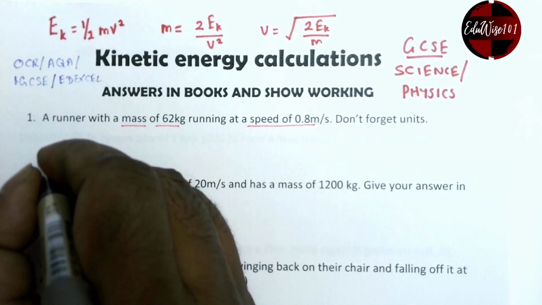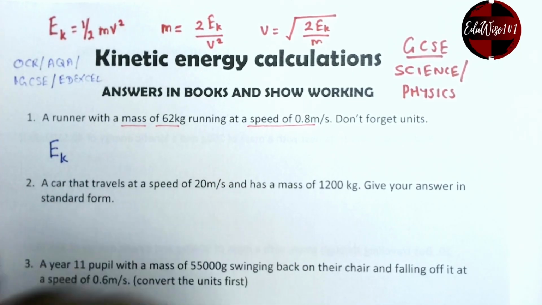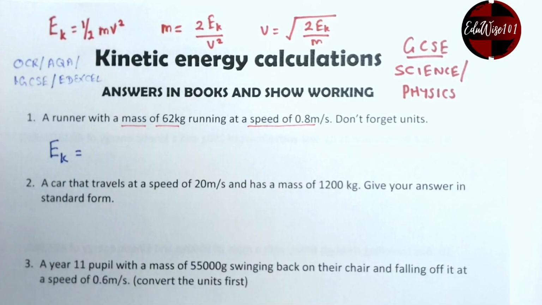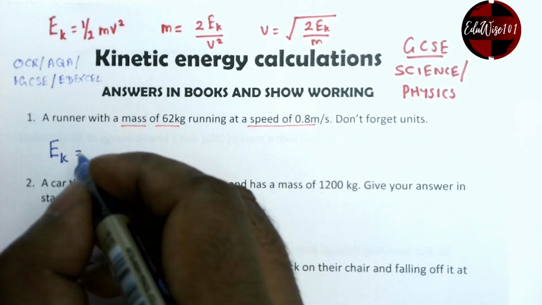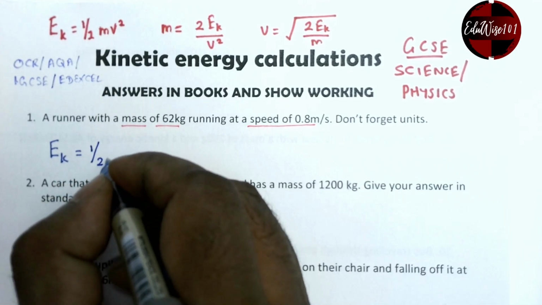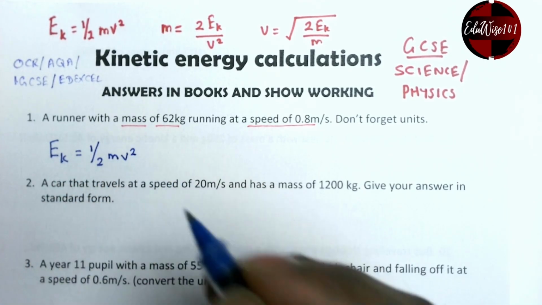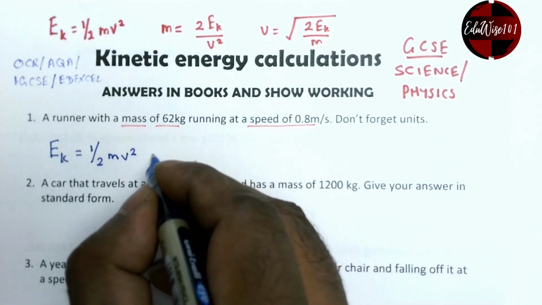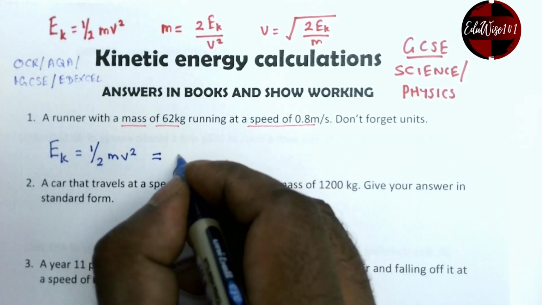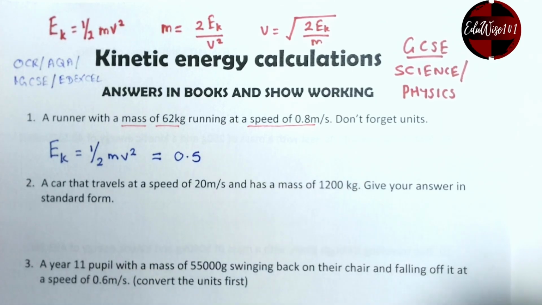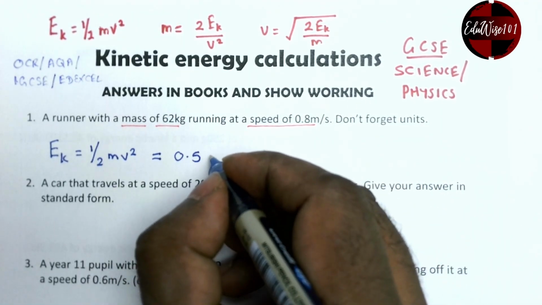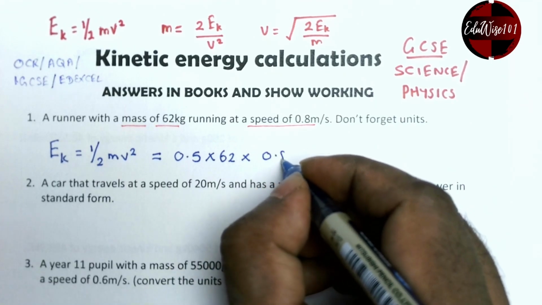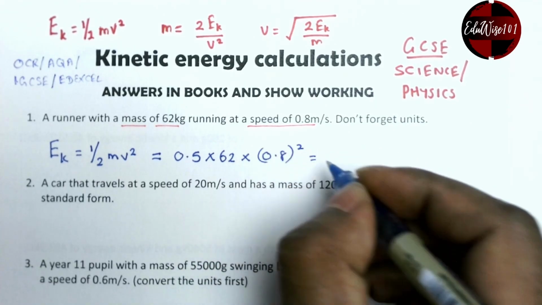I'm going to use the symbol EK rather than KE, because in the exam, when you get the equation sheet, this is the equation that they give you, half mv squared. Now instead of half, I'm going to use 0.5, which is easier when we do the calculation. So 0.5 times 62 times 0.8 squared.